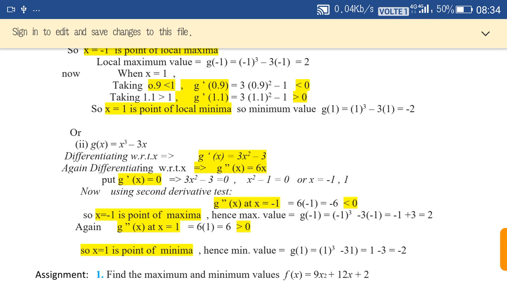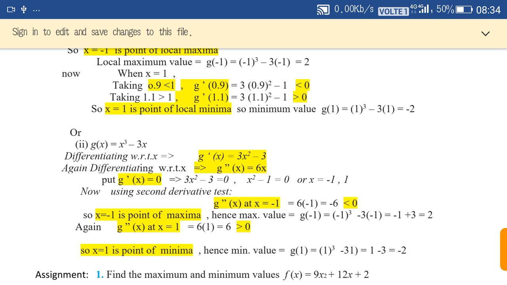You take any one of the points. Suppose we are taking x equal to -1 and put this value in the second derivative, g double dash x at x is equal to -1. So here it will be 6 into -1, that is -6. It is less than 0.